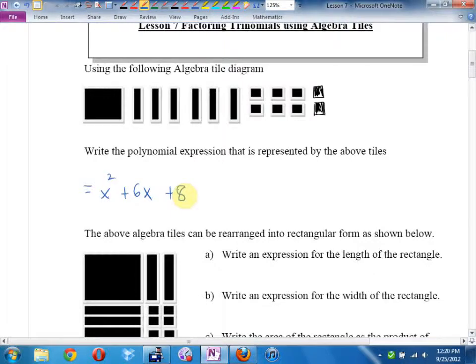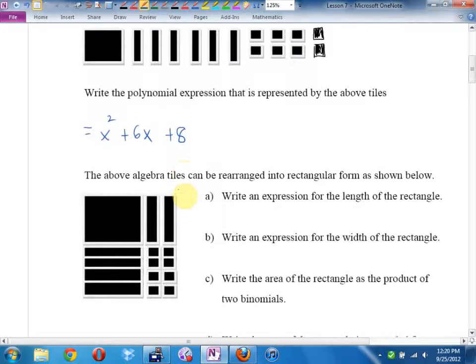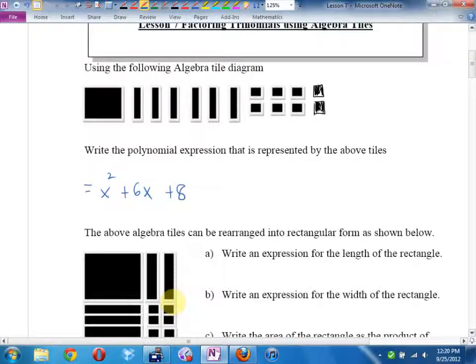If you took these squares, you can actually rearrange them into a perfect rectangle. You put the x squared in the top left corner. And then if you lay the x's side by side, and you fill in the missing gaps with squares, you can build a rectangle. How long was this side here? Do you remember? Don't write that down.